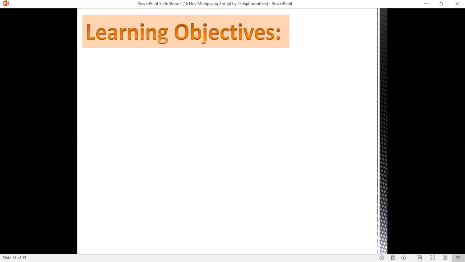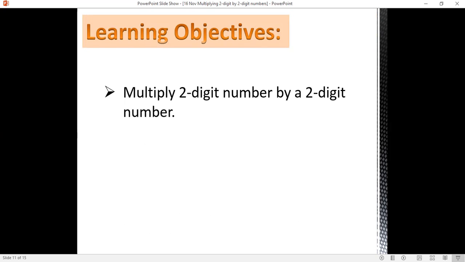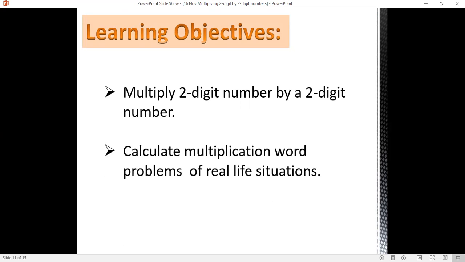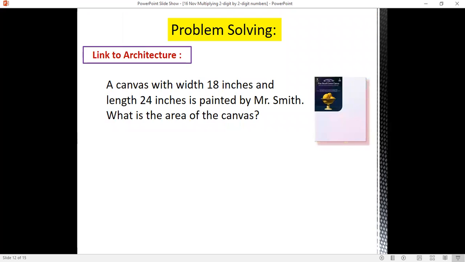Okay, let's check. So we have done multiplying a two-digit number by a two-digit number. Then you need to know also how to solve problems. Let's read this one. A canvas with a width of 18 inches and a length of 24 inches is painted by Mr. Smith. What is the area of the canvas? So when you are an architect, designing buildings, you still need multiplication, okay?